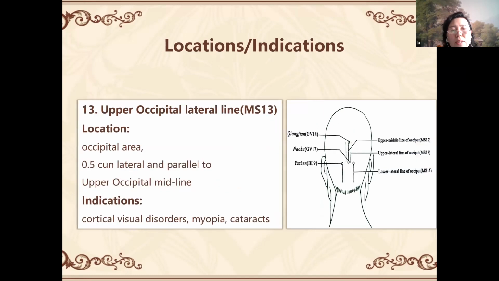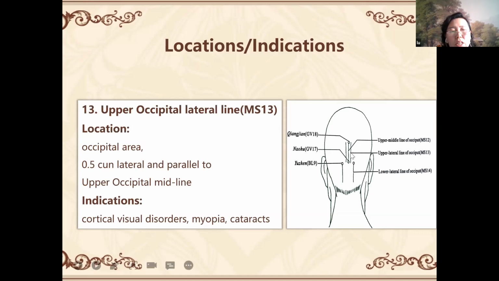And the next one is MS13, upper occipital lateral line. This one locates on the occipital area, 0.5 cun lateral and parallel to the upper occipital midline.